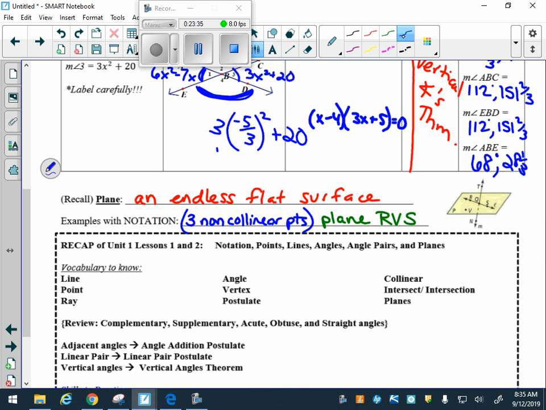But the other thing that's a little confusing is this letter here. That letter is not next to a point. It's not naming a point. It's naming the entire plane. So typically, this is supposed to be a capital script letter. It should be a little more curvy looking. This P looks pretty plain.